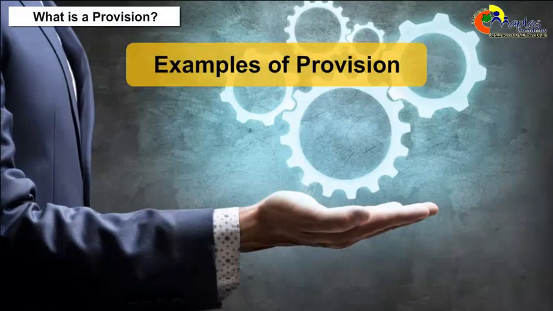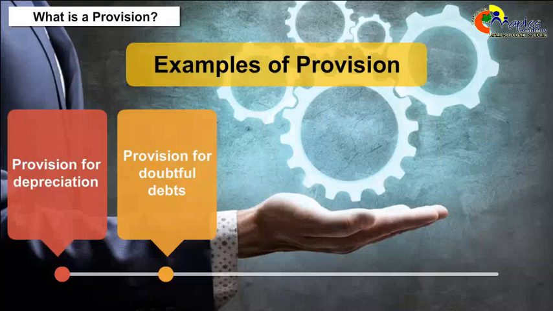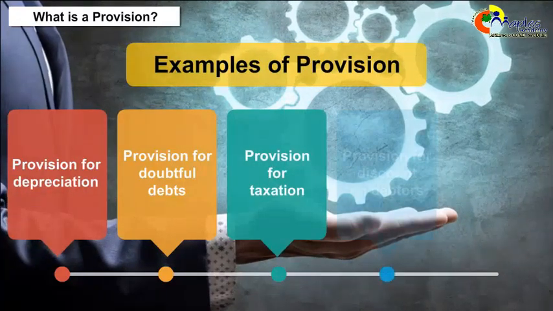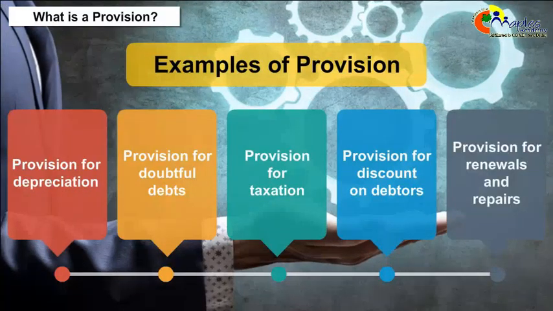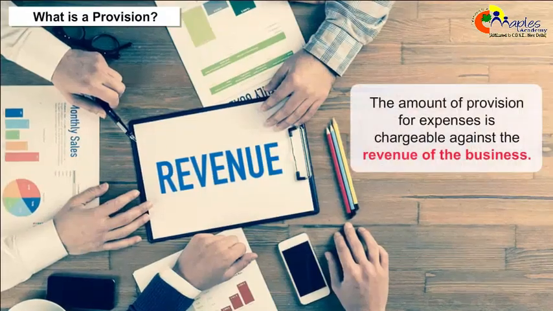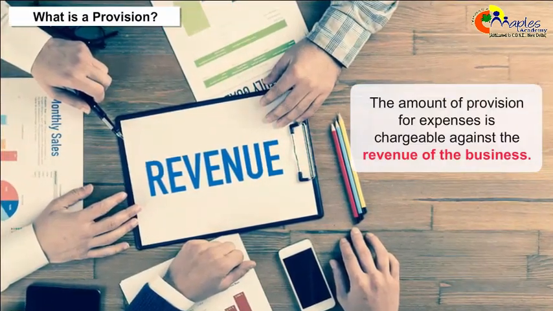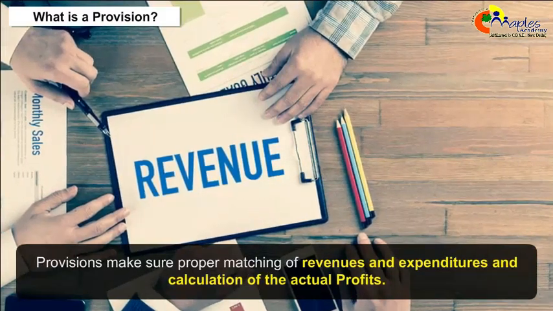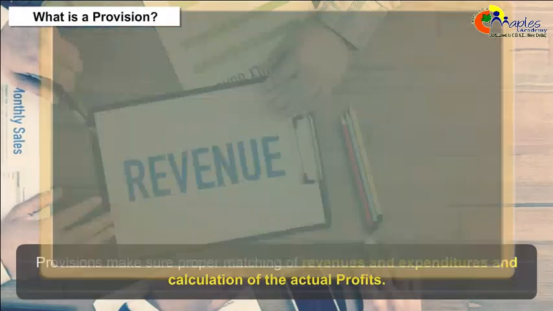Examples of provisions are provision for depreciation, provision for doubtful debts, provision for taxation, provision for discount on debtors, provision for renewals and repairs. The amount of provision for expenses is chargeable against the revenue of the business. Provisions make sure of proper matching of revenues and expenditures and calculation of the actual profits.